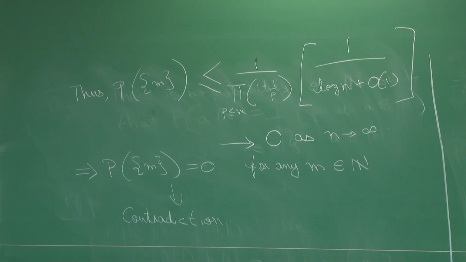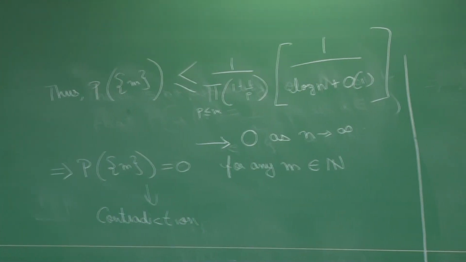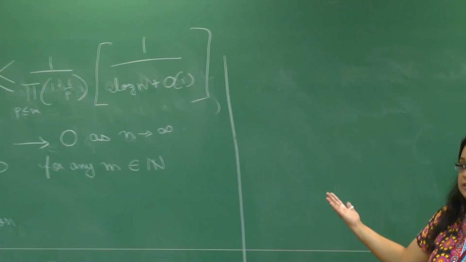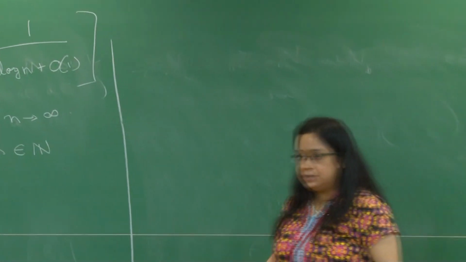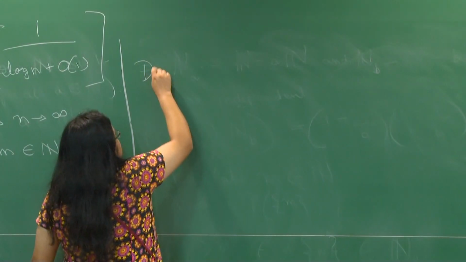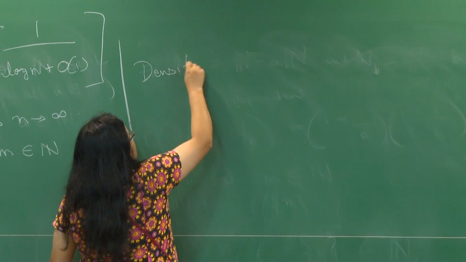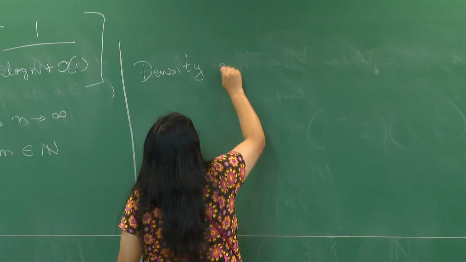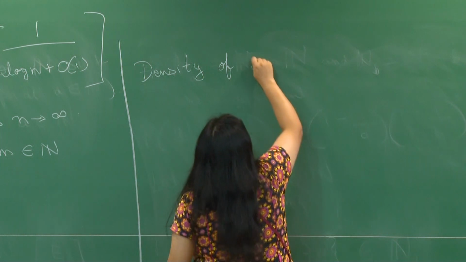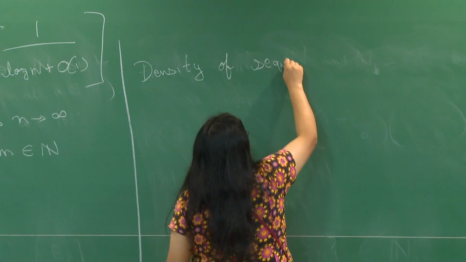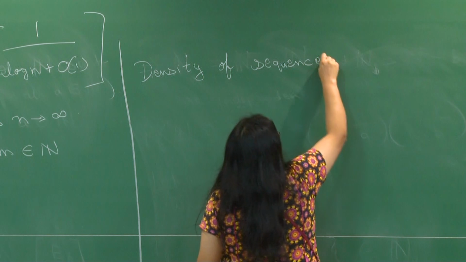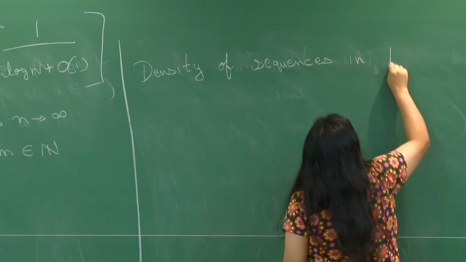The strength of the notion of density is that it satisfies those properties which a probability law on the set of natural numbers cannot. So, this takes us to the topic of density of sequences in N.